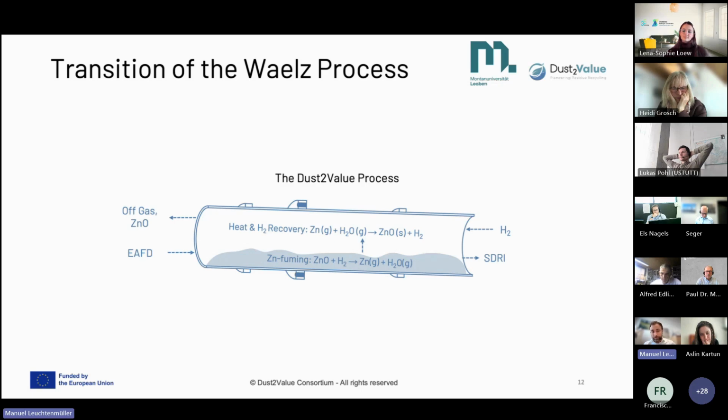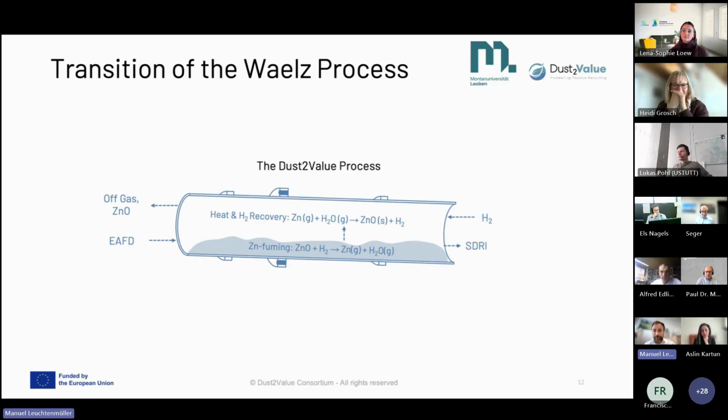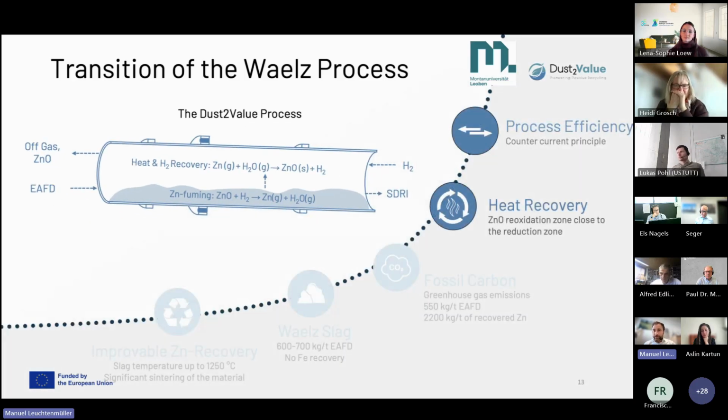And what we want to test as well is to not produce a slag material, but a kind of secondary grade DRI that can then go back to the electric arc furnaces. So as mentioned, we keep the strength, but we even improve the efficiency because we recover the reduction agent as well for the zinc fuming. Heat still remains in our furnace.